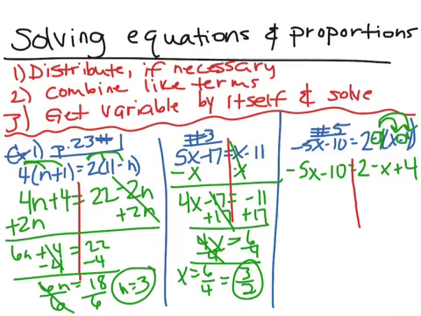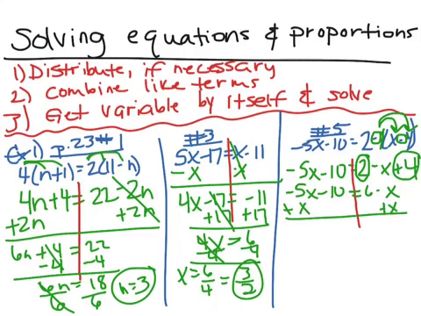Alright, then it says I need to combine like terms, and I have to combine like terms on the right side. So I have 2 plus 4, and 2 plus 4 is 6. So I have 6 minus x on the right side, and still negative 5x minus 10 on the left side. Now I have to get all my x's to one side, so I'm going to add x to both sides.